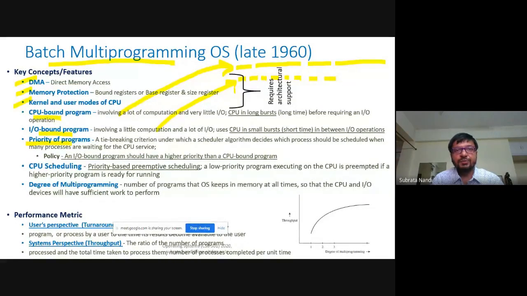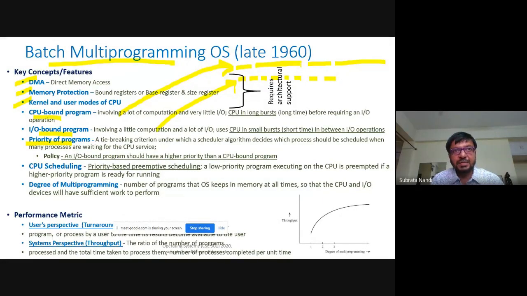See, if we give more priority to the CPU bound process, what will it do? A CPU bound process gets allocated the CPU, so it will continue using it for a long time, and by then it may happen that 3 or 4 IO bound processes are ready to run on the CPU. They have completed their IO, but they cannot use the CPU, and neither can they use the IO, because they have just completed IO and are waiting for the CPU.